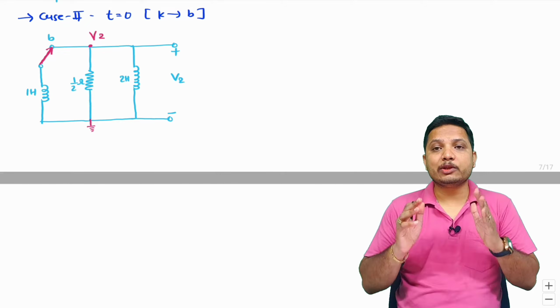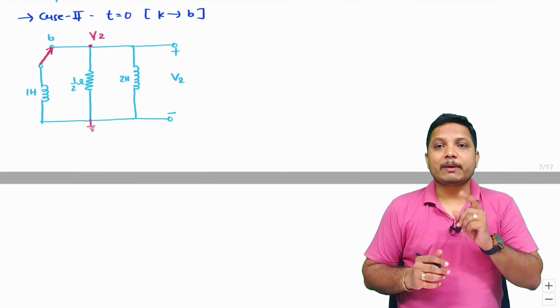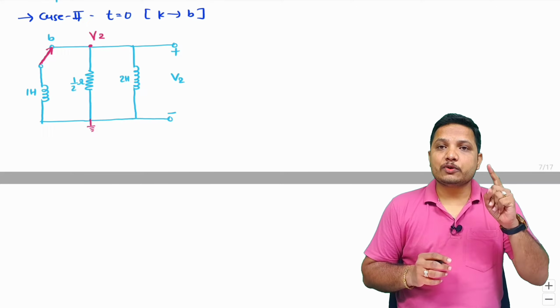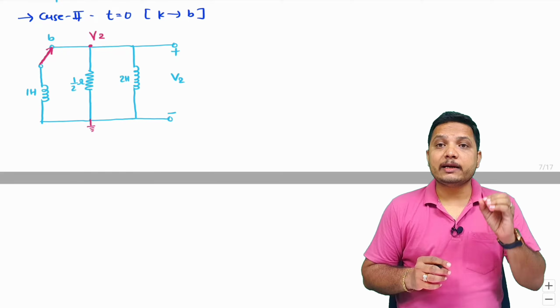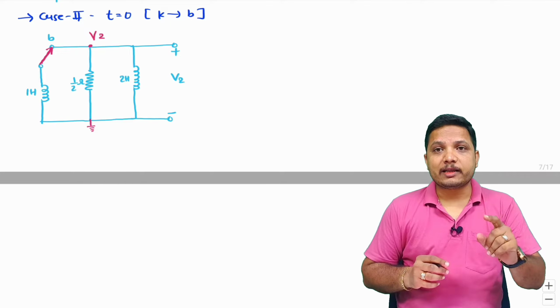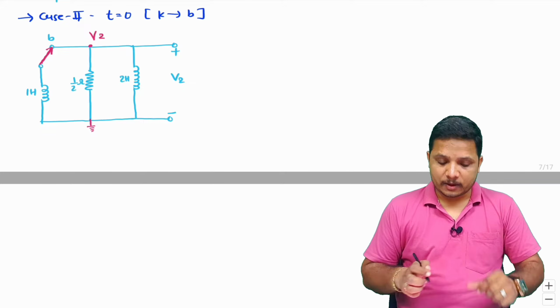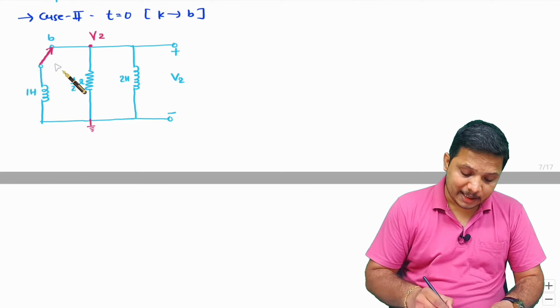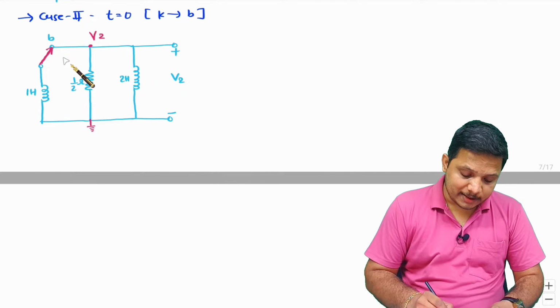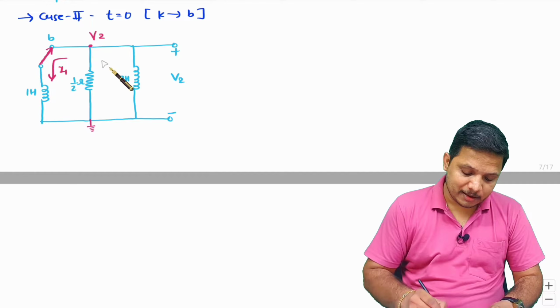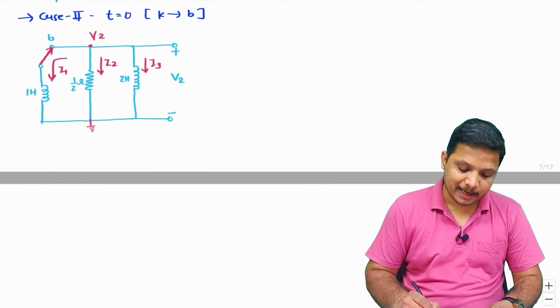When you want to apply nodal analysis, remember my dear students, first of all you should consider the direction of current randomly. After that, calculate the value of current with respect to that direction. So let us consider the direction of current randomly. In this branch we will have current I1, in this branch let us say current is I2, and in this branch current is I3.